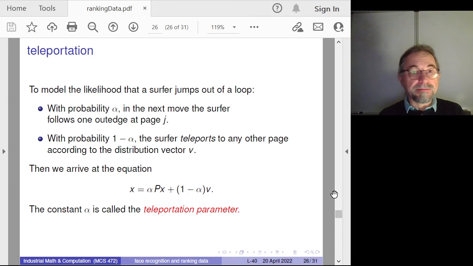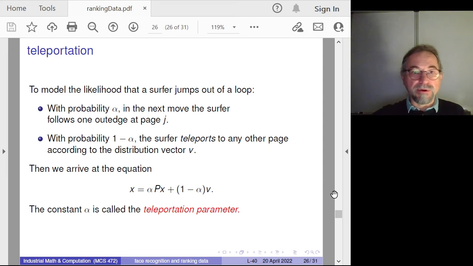So what is the probability that at page J, the next move is on one of the out edges, on one of the I's for which there is a link? In some sense, a surfer can always say that what is on the page is not interesting, so I'm not going to follow any of these links. So I'm going to jump out of this.